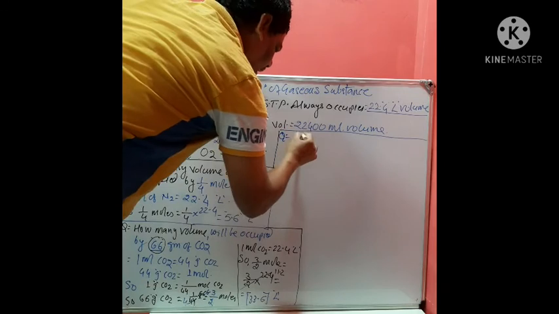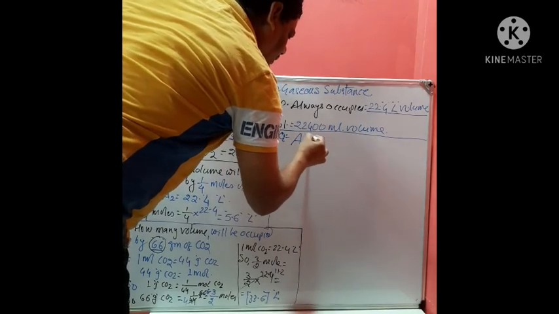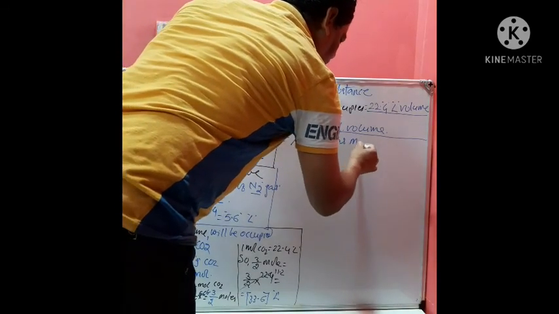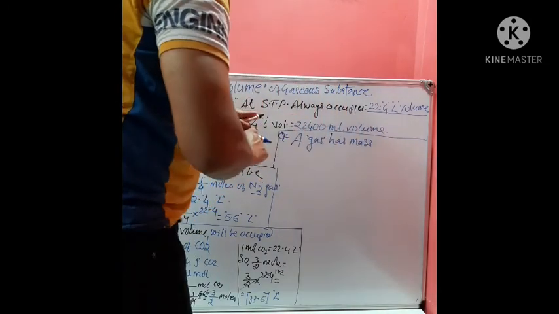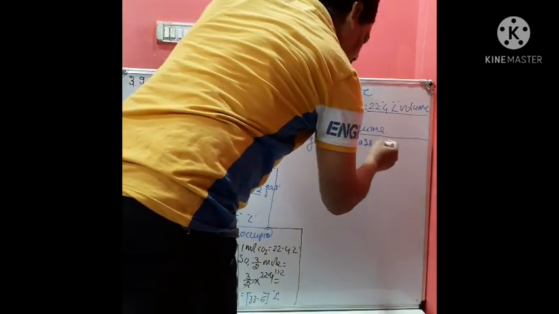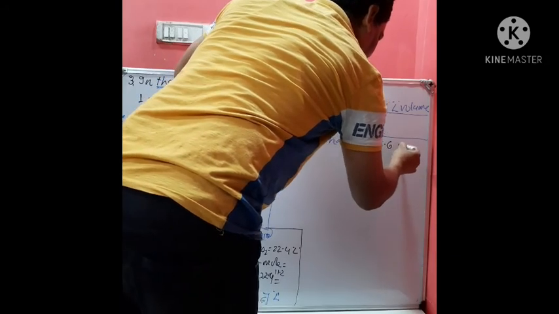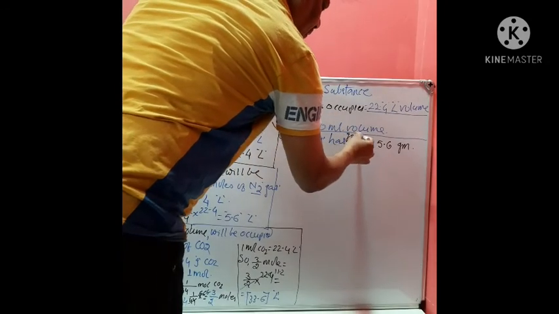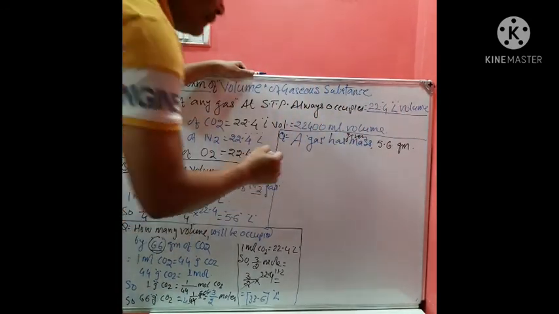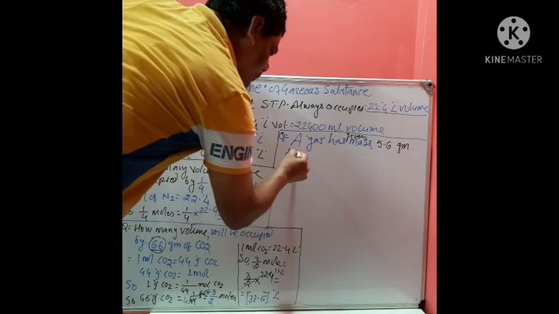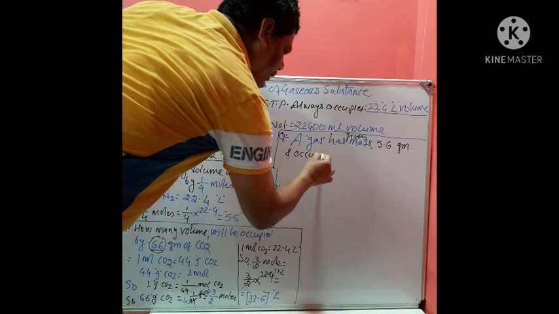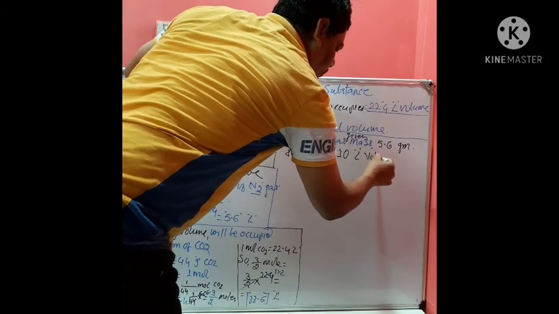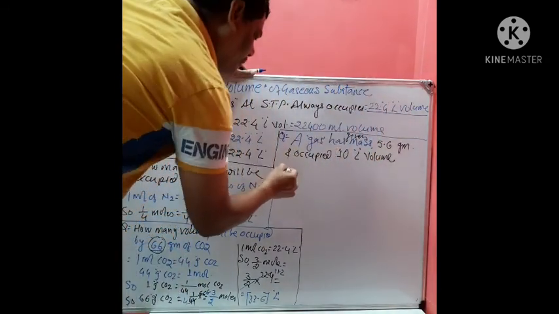A gas, name not given, has a given mass of 5.6 gram and occupies 10 liter volume.